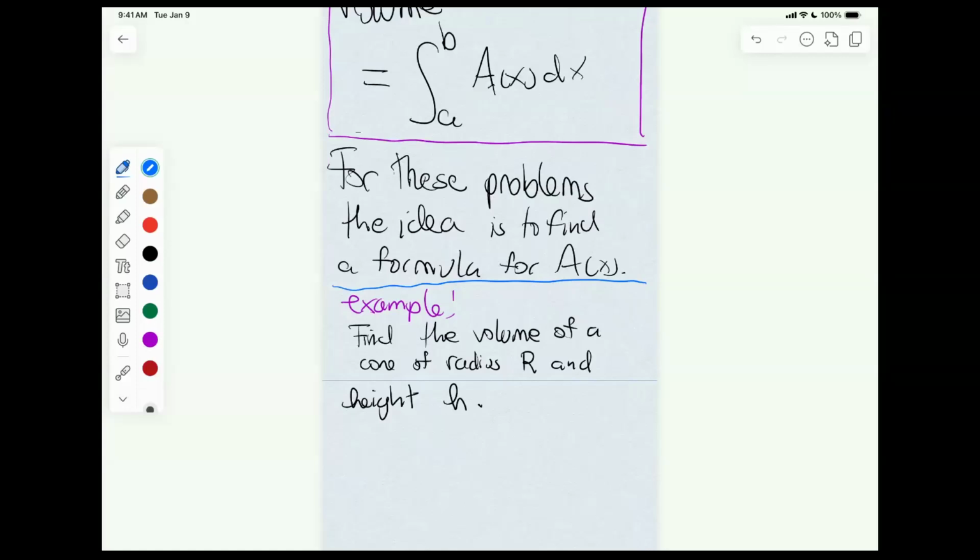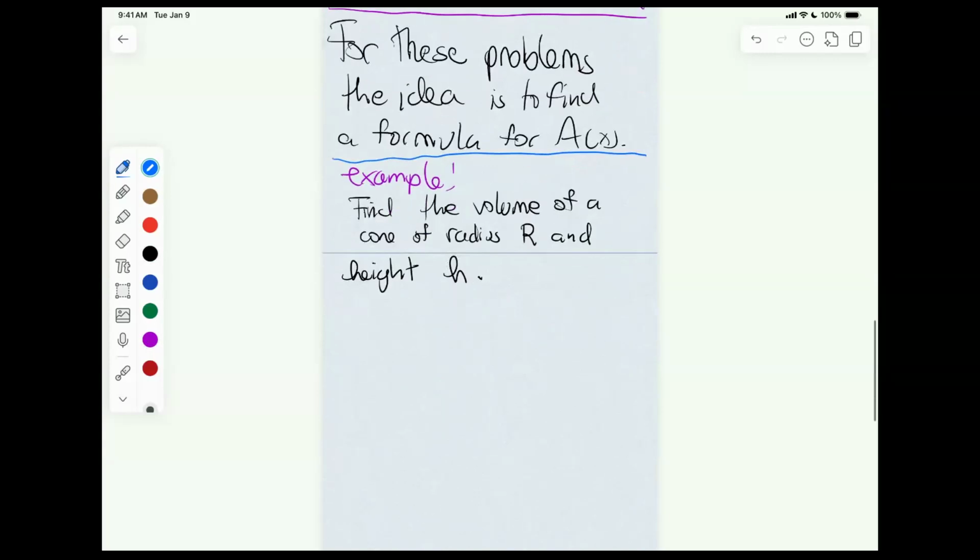If you just put radius equals 2 and height equals 3, the answer will hide what the formula is. So it's better to give letters to the different aspects of the solid, to appreciate what the formula is supposed to be. So let me draw the cone first.